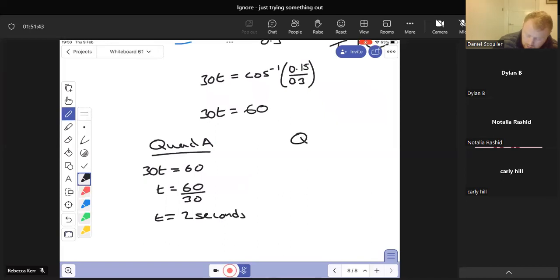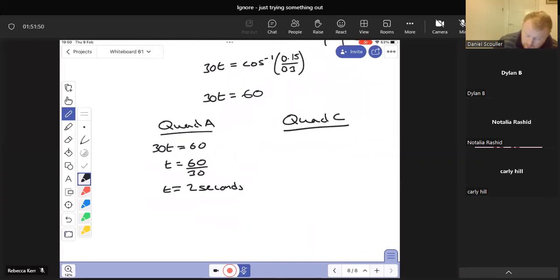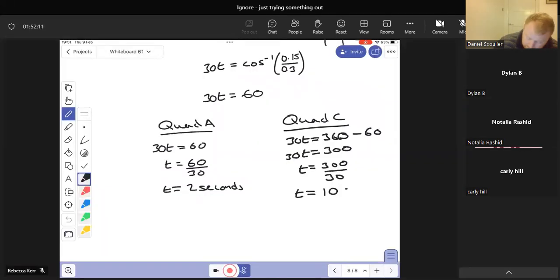Now quad C: 30t equals 360 minus 60 this time. So 30t equals 300, so t equals 300 over 30. T equals 10 seconds.